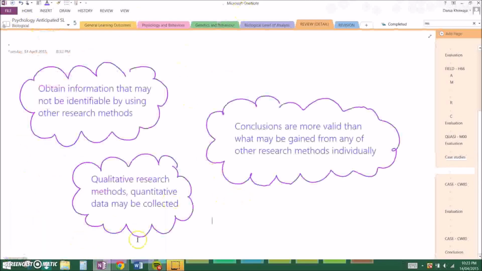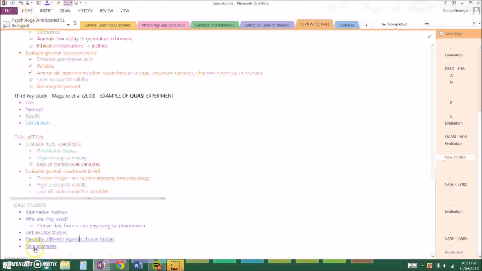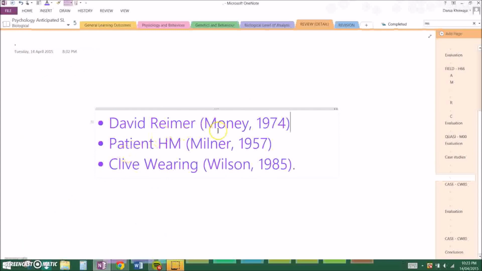This is just some information you might want to include in your paragraph to show detailed knowledge. Examples of case studies are David Reimer, investigated by Money 1974, it was Dr. Money, Patient HM, Milner 1957, and Clive Waring 1985, who we will be talking about.